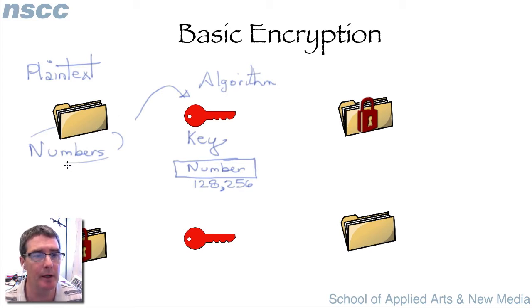But basically we have plain text information, and we're going to apply an algorithm to it which is going to encrypt or encode the information so it can't be read. You can think of this as the information being locked. No matter who has the information, they can't read it.